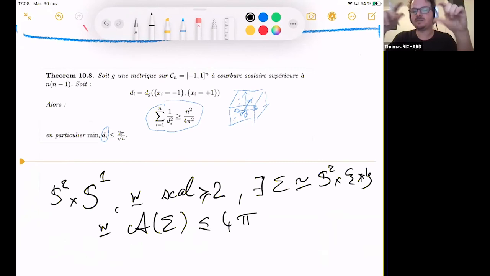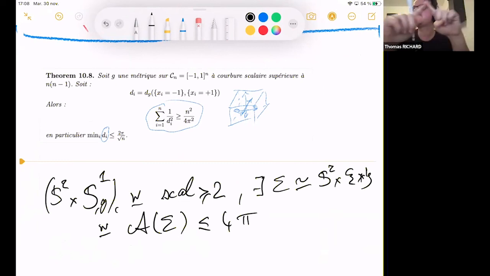So basically, the model here would be round S2 with scalar curvature 2 times flat S1. Here, any sphere like S2 times a point has area 4 pi. And so if you're more curved than that model, then there is one sphere which has area at most 4 pi.